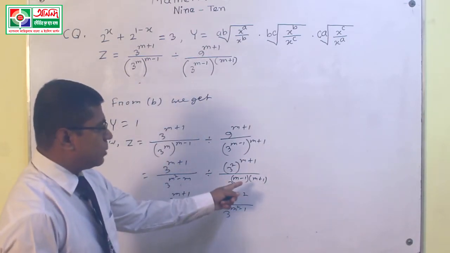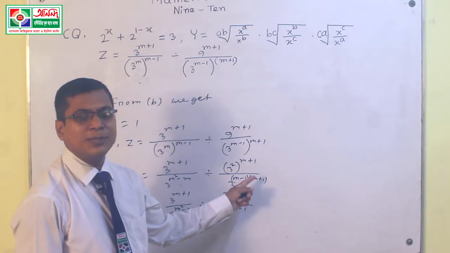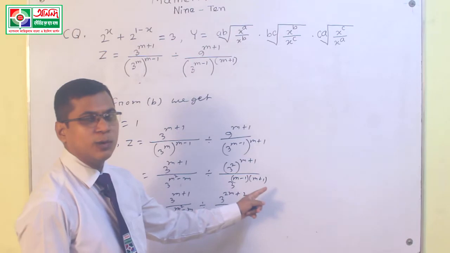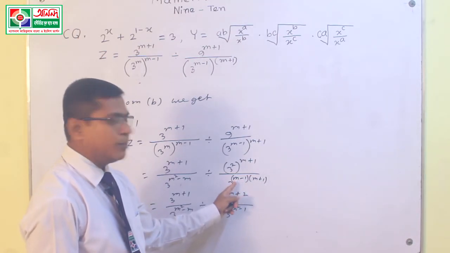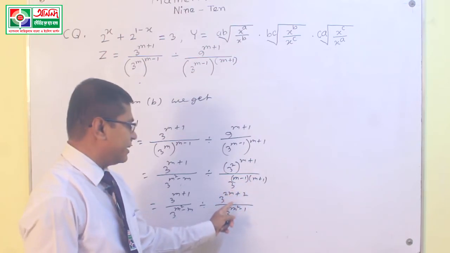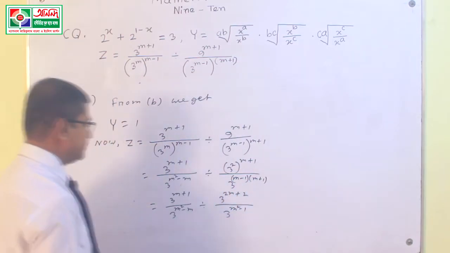Because here look at, we can apply the formula a plus b into a minus b equal a square minus b square. Here a is m and b is 1, so m plus 1 into m minus 1 means that a plus b into a minus b, so you can write here m square minus 1.